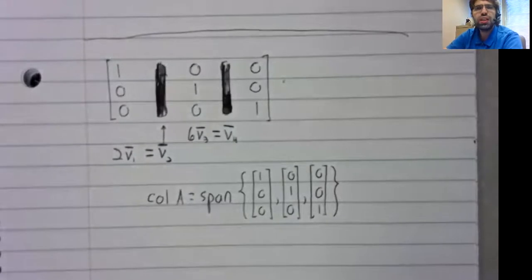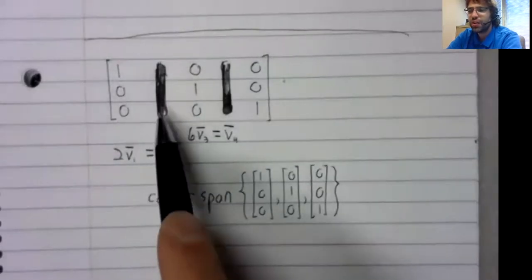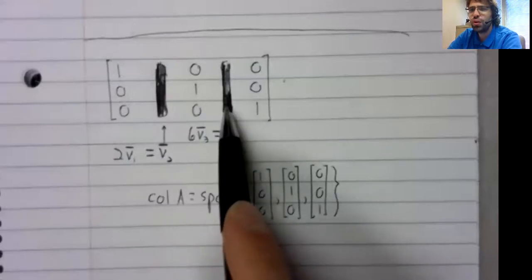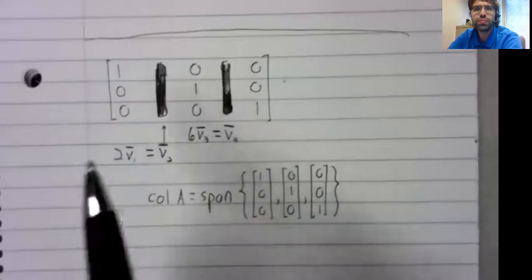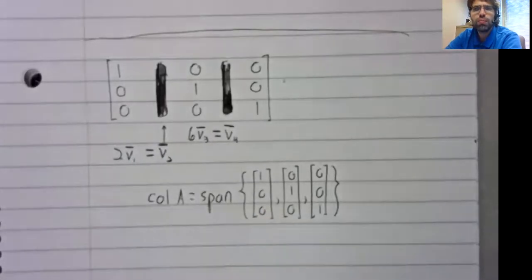What we've seen here is an example of the following. These 2 columns that I scribbled out both corresponded to free variables.